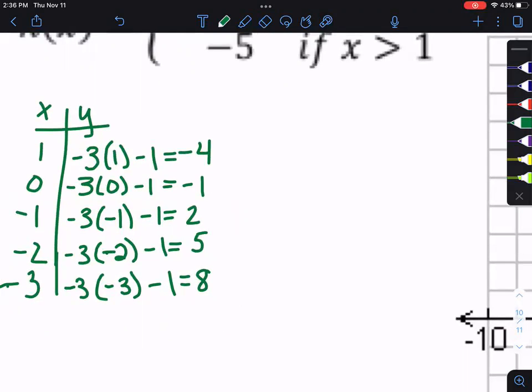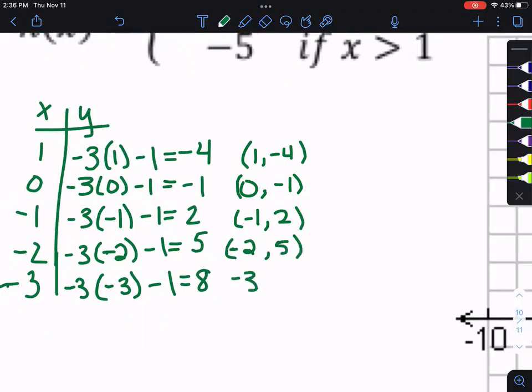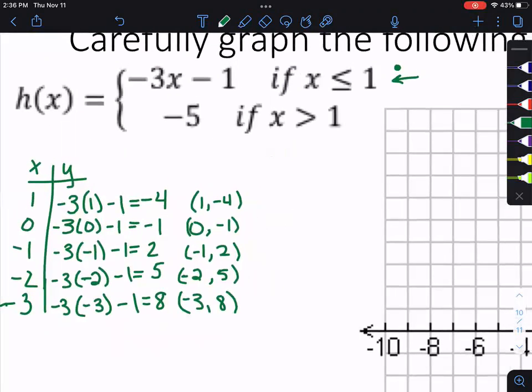So from this, we're getting ordered pairs (1, negative 4), (0, negative 1), (negative 1, 2), (negative 2, 5), and (negative 3, 8). Again, like we said earlier, we're going to use a closed circle at positive 1, and our arrow is going to head to the left.